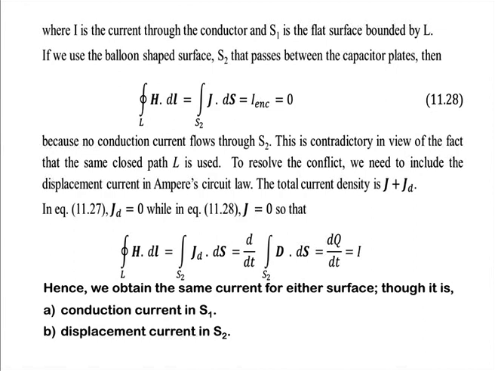To resolve the conflict, we need to include the displacement current in Ampere's circuital law. The total current density is J plus JD.